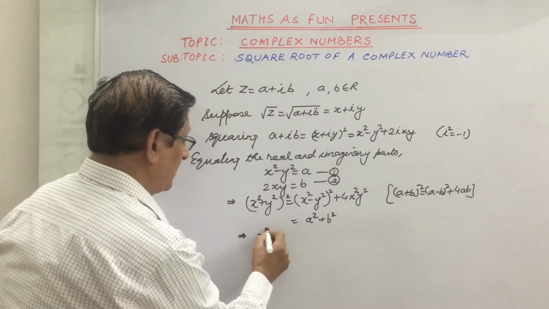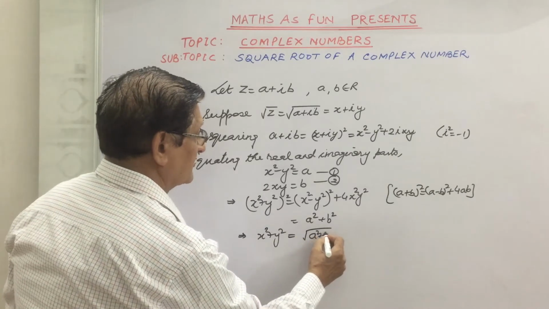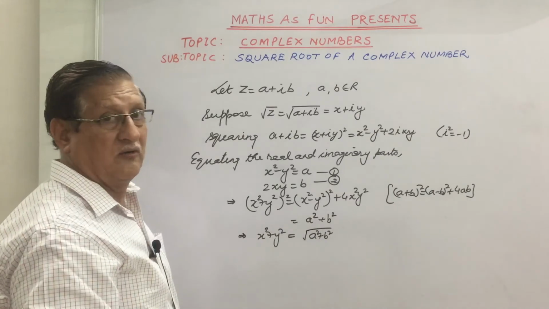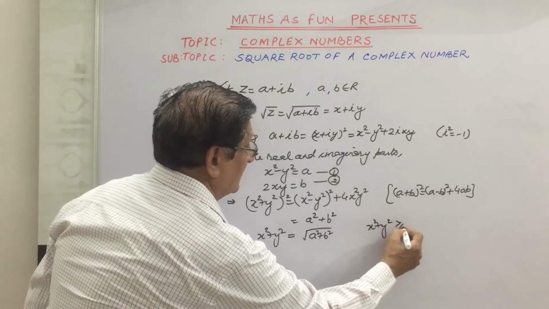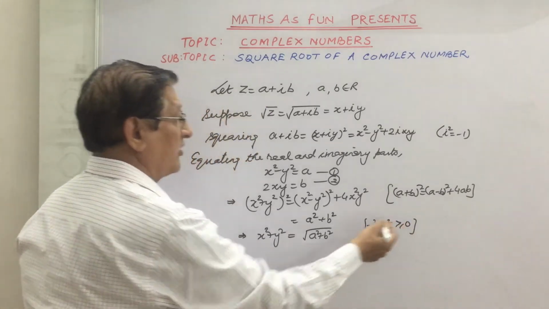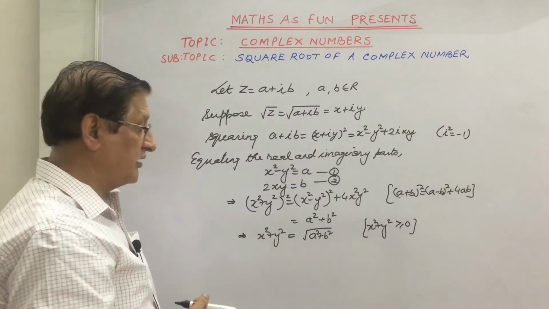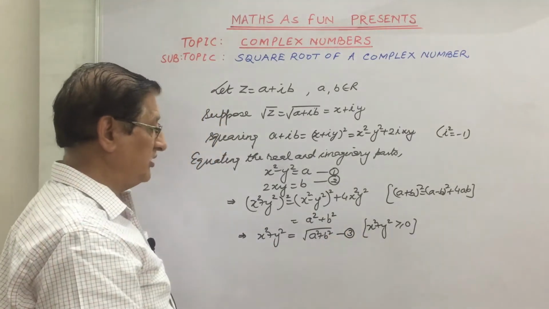Then we can find out x square plus y square is equal to root of a square plus b square. We are taking only the positive value. Why? Because x square plus y square is always greater than equal to 0 for any x, y. Sum of squares cannot be negative. This suppose we say equation number 3.